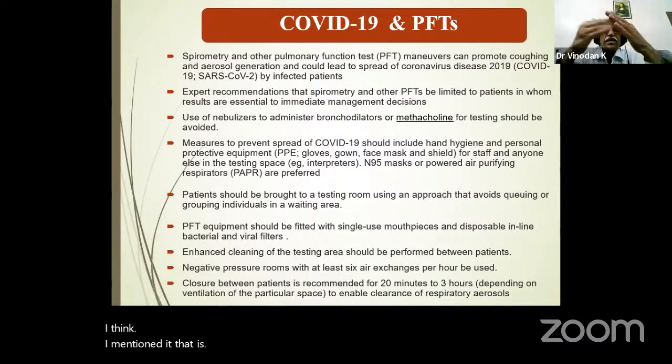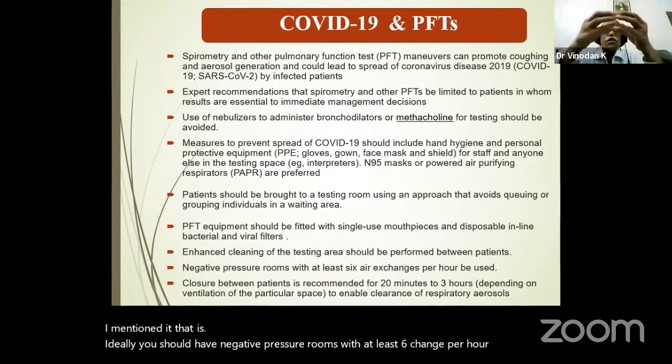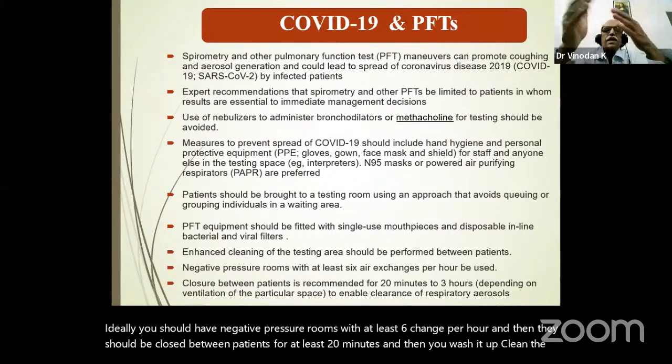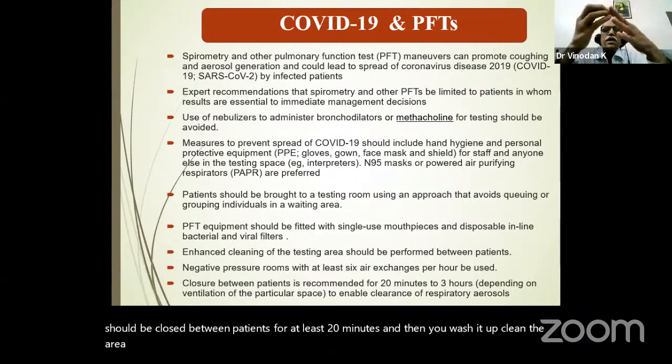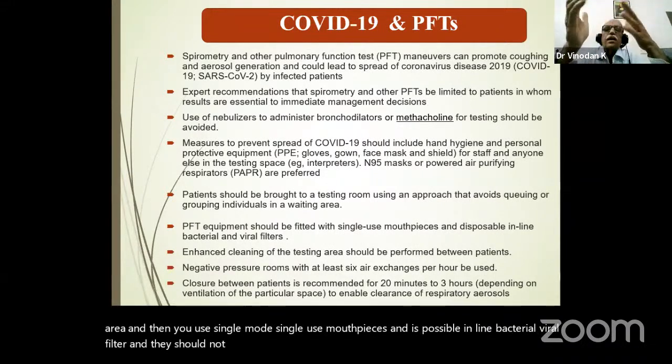Ideally you should have negative pressure rooms with at least 6 air changes per hour, and the room should be closed between patients for at least 20 minutes, and then you clean the area. Use single-use mouthpieces and disposable inline bacterial viral filters, and there should not be any grouping or queuing.